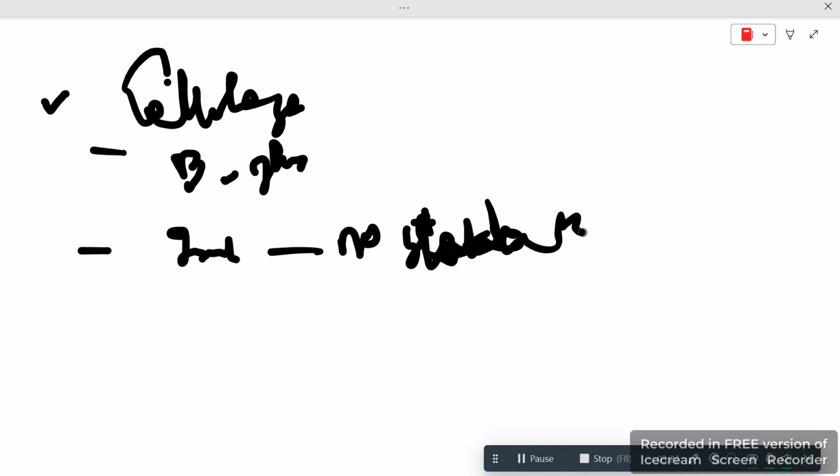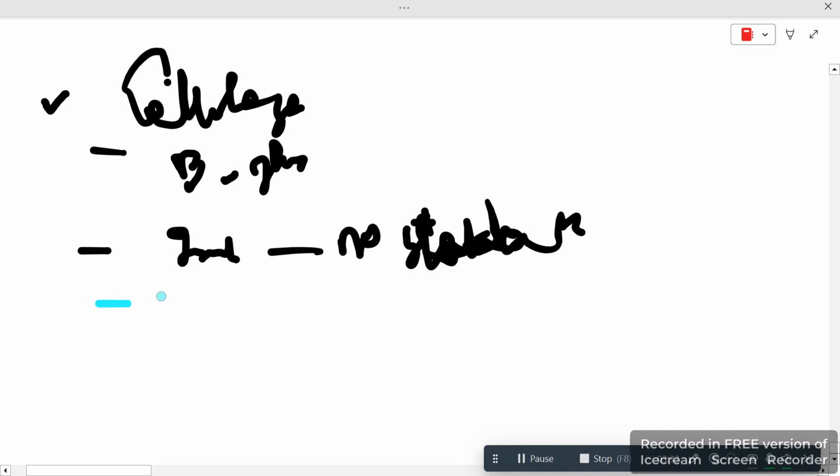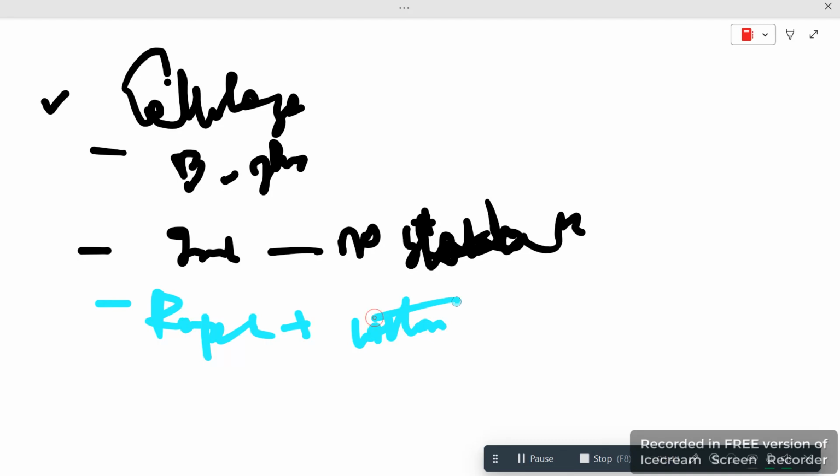Where do you find cellulose? You'll find it in paper, the pure form of paper, and in cotton. These both are the main sources because they have pure cellulose.